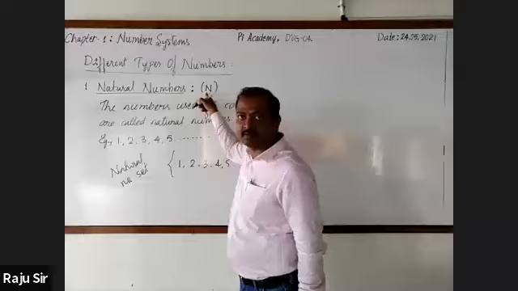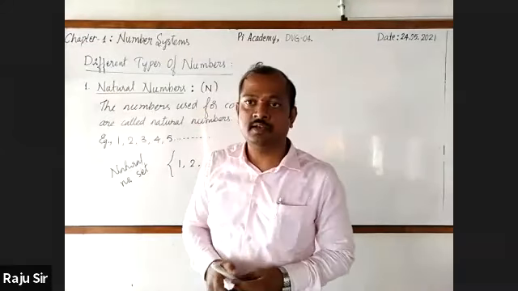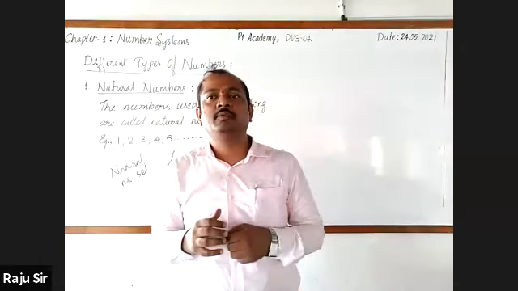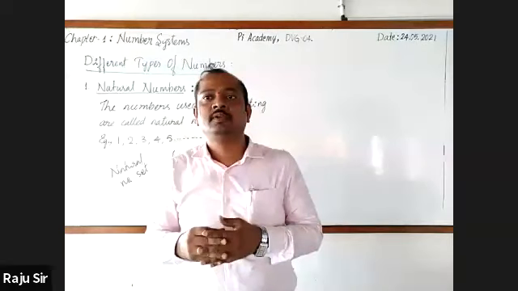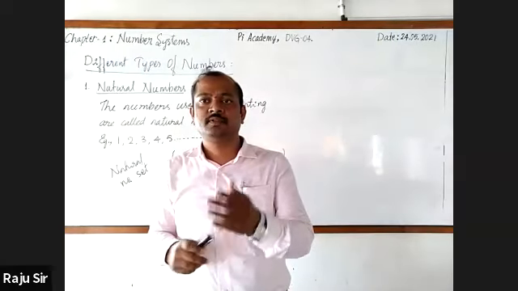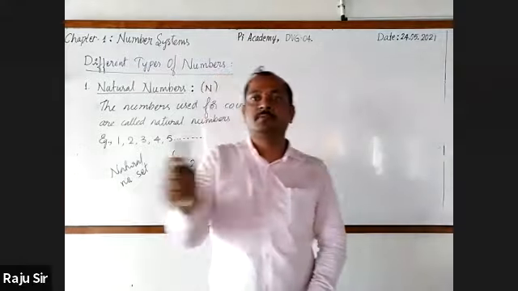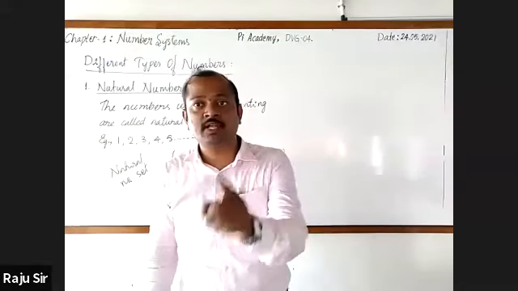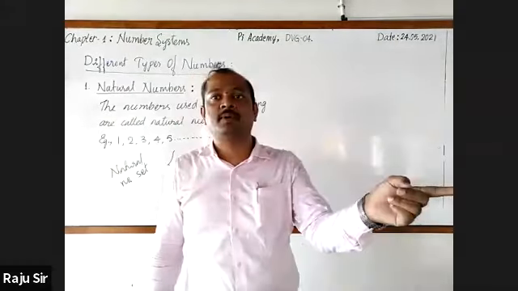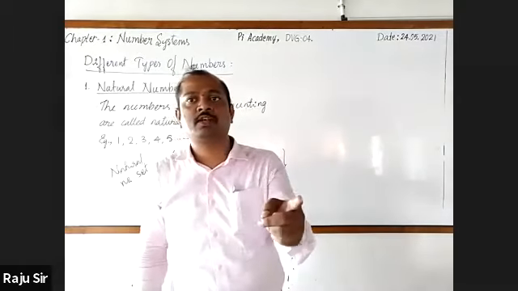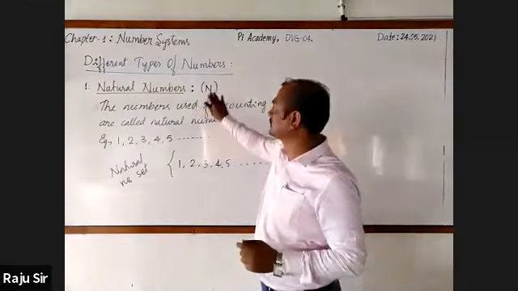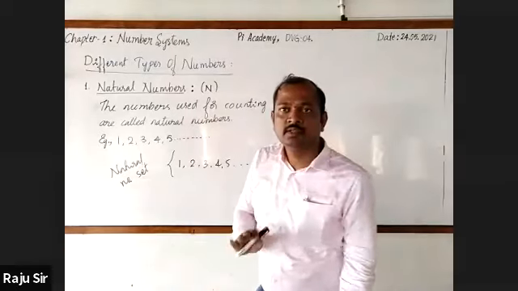Here I'm writing capital N. Listen to me: natural numbers are denoted by N. Actually, it is the collection of natural numbers; nothing but the set of natural numbers is denoted by the symbol N. Is it clear?